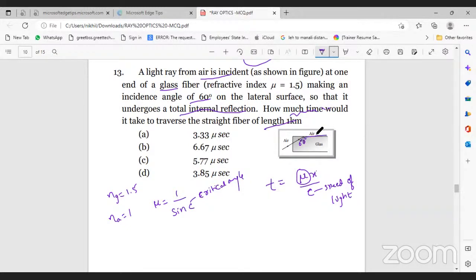Here, the ray is going to graze like this, so this represents the critical angle. So mu is equal to 1 by sin 60. Sin 60 is root 3 by 2. So the mu value will be 2 by root 3.